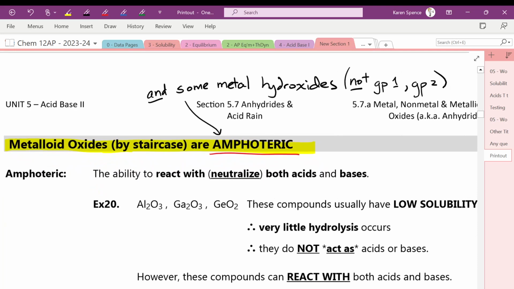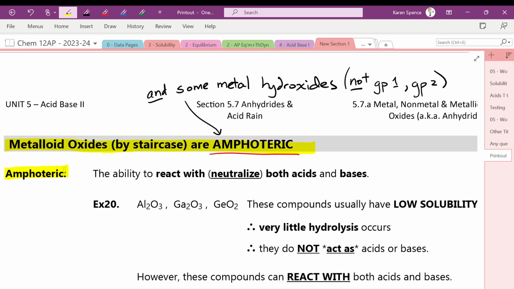Now, amphoteric. It sounds a little bit like amphiprotic, but it has a slightly different meaning. In water, an amphiprotic substance will both produce H+ ions and OH- ions. The reason we need the word amphoteric is because these substances do not produce H+ ions in water and they do not produce OH- ions in water.